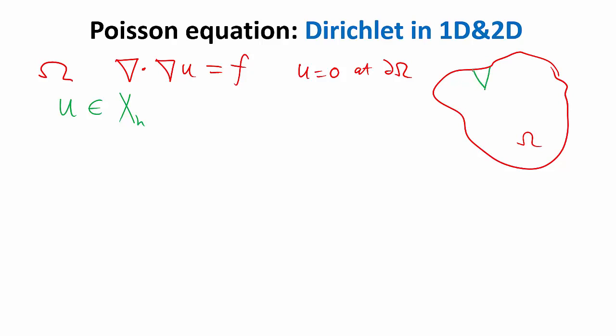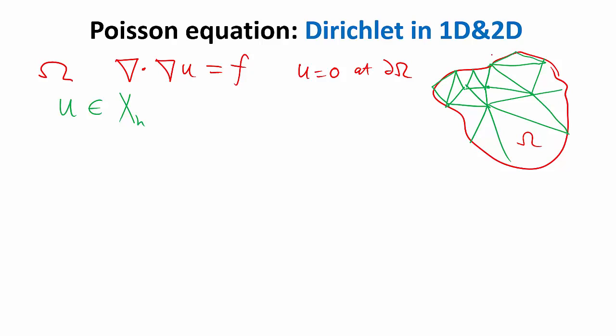So let's say we are discretizing this space into triangles. Okay, we have a bunch of triangles that covers the domain.